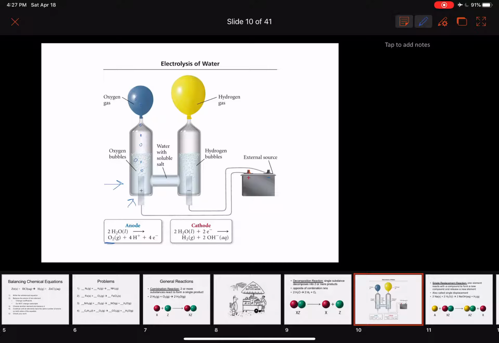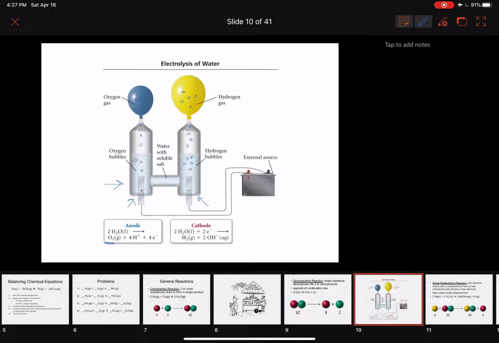And over at the cathode, which is right here, we would form hydrogen, which is also a gas, so we would see bubbles forming. And those two would go on up to the top here and into this balloon. And that's how we would see that we were doing this reaction. We'd have the formation of these two gases.